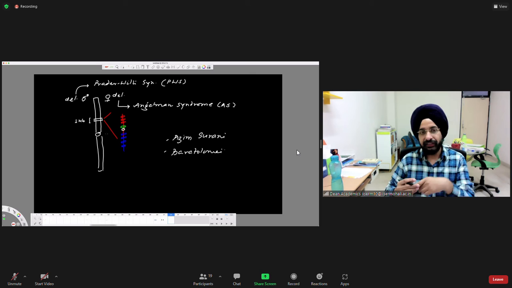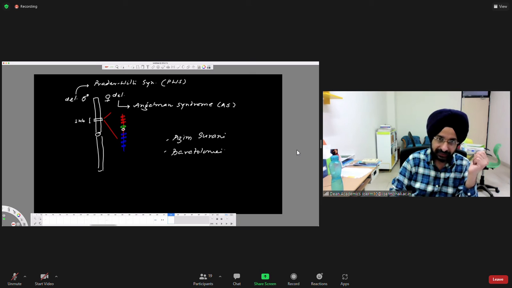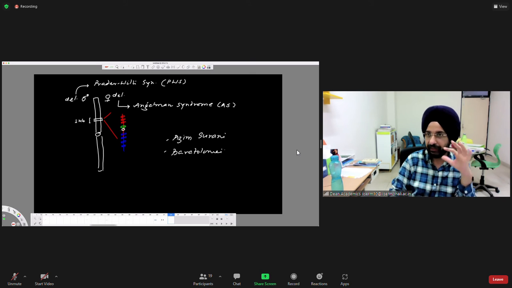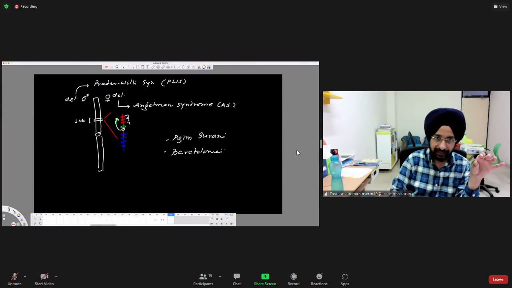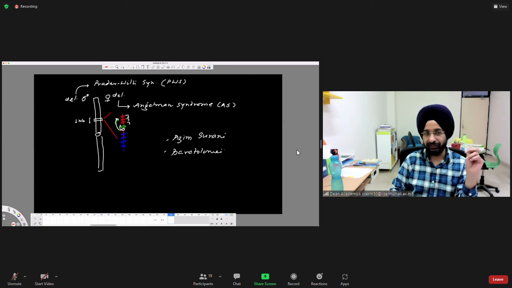So there is one element, let's say this white one, which is a non-coding regulatory element that upregulates the maternal genes, so they are being expressed. It also silences this region. The exact mechanism is not known.